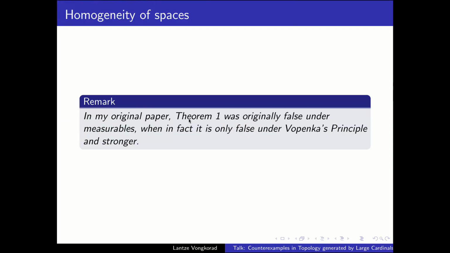And the proof of this essentially goes as the proof of inconsistency. Well, not really inconsistency, but counterexamples generated from Vopěnka's principle in my original paper. Vopěnka's principle seems very strong in regards to topological properties in that regard.